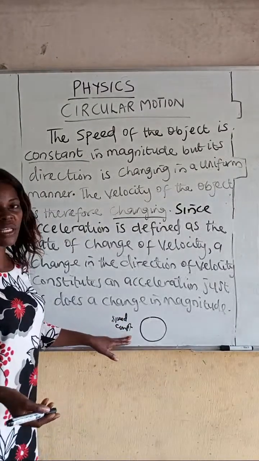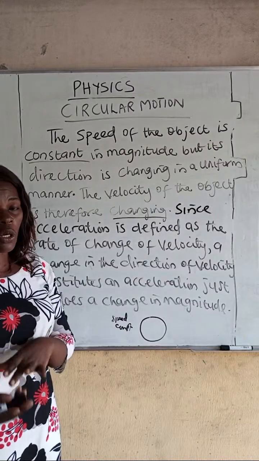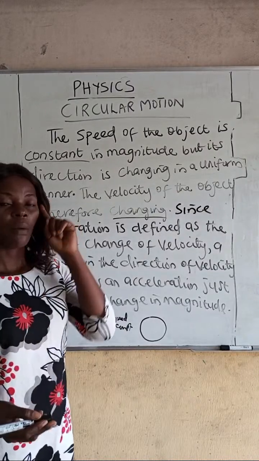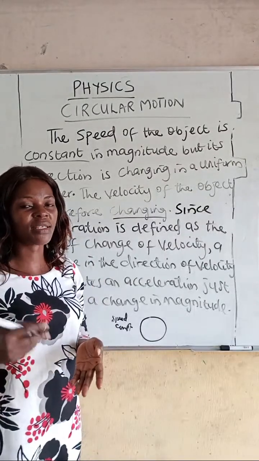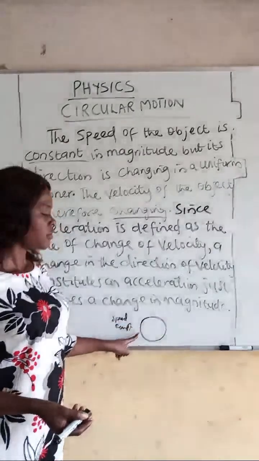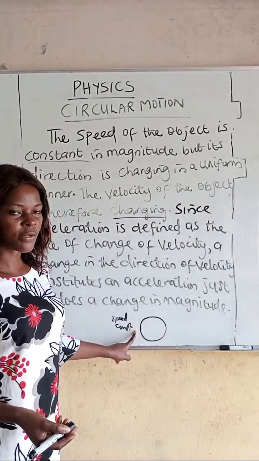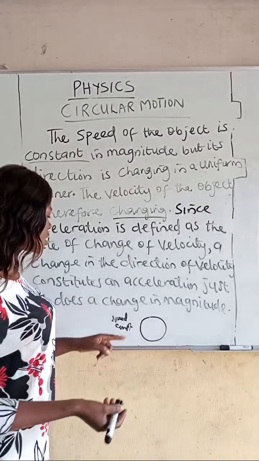Let me go again. Speed is constant, but its direction is changing. But speed is a scalar quantity. It does not have direction. It only has magnitude. So as it's moving in a circular path, we now involve velocity. And velocity has direction, because it's a vector quantity. Okay?